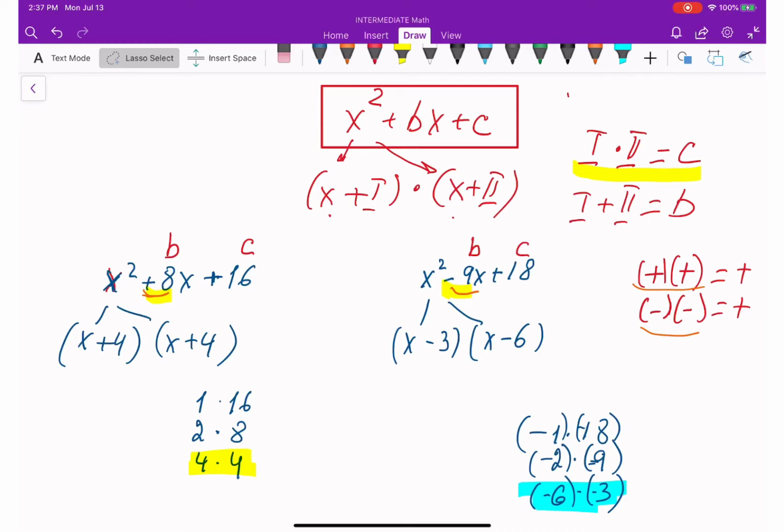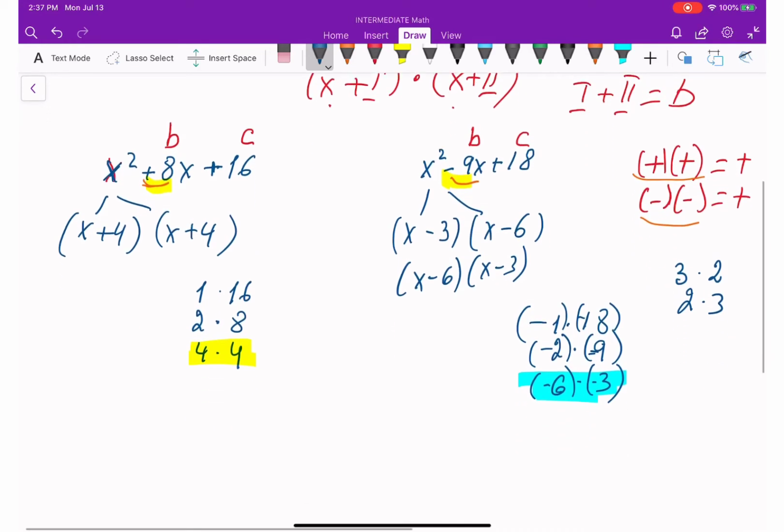Okay, can I write down x minus 6 times x minus 3? Let me ask you a question. If I put 3 times 2 or 2 times 3, does it make any difference? No, when it comes to multiplication, it makes absolutely no difference at all. All right? Okay, another one.